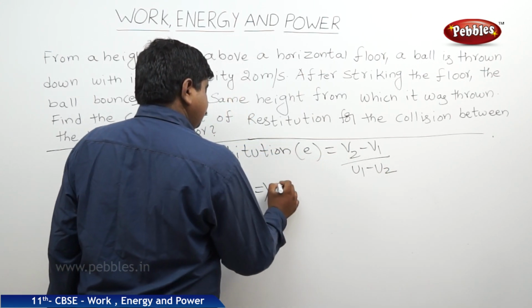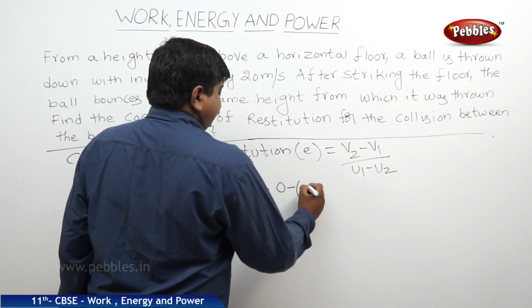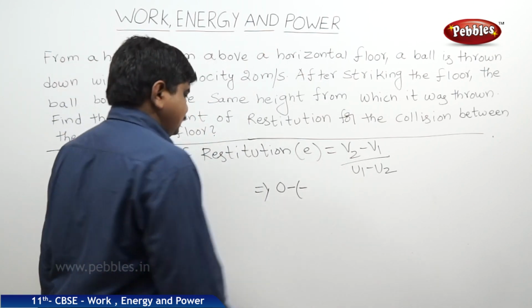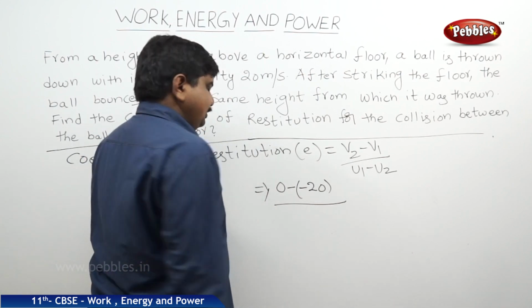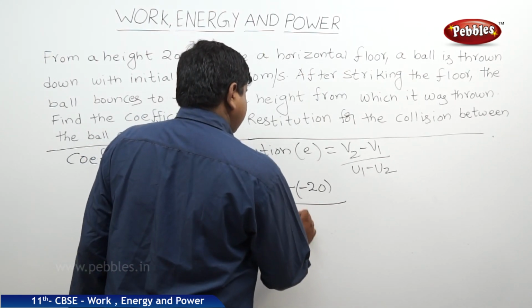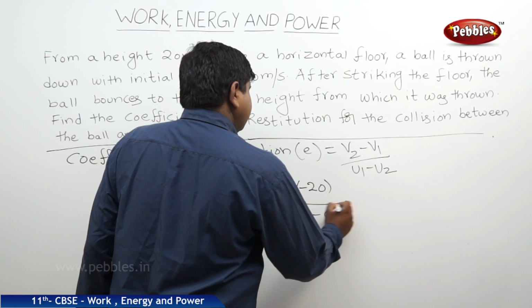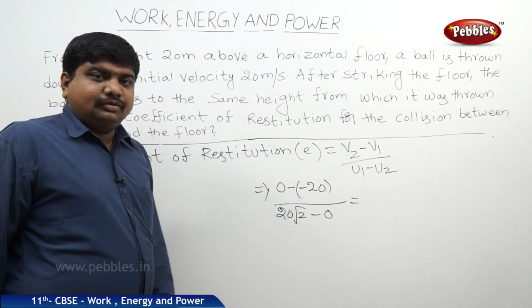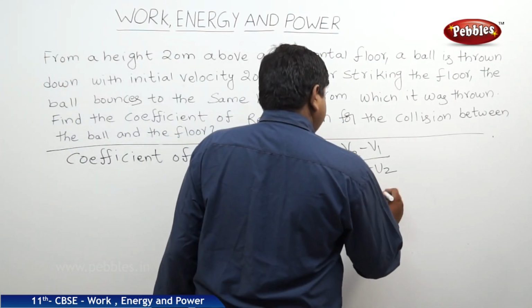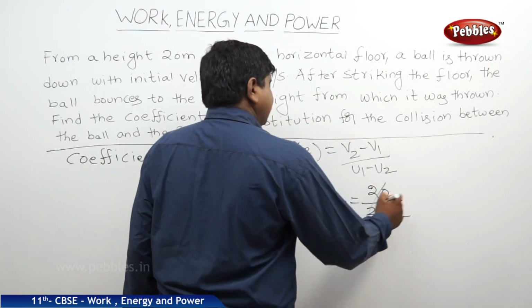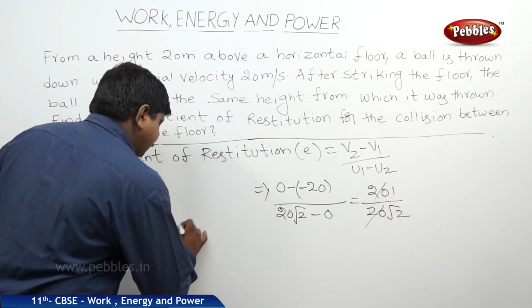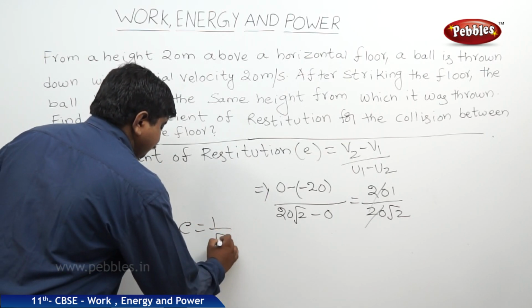So, V2 is 0, minus of V1, which we got as 20, whole divided by U1, which is 20 root 2 as we know, minus U2, which is 0. So, it is 20 by 20 root 2, 20 and 20 get cancelled. So, e is equal to 1 by root 2.